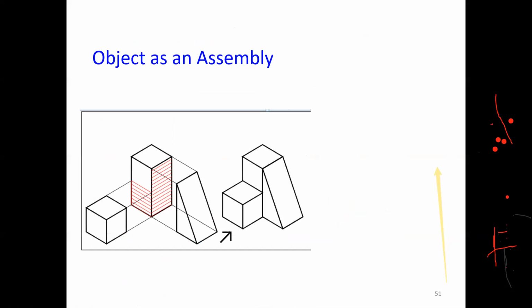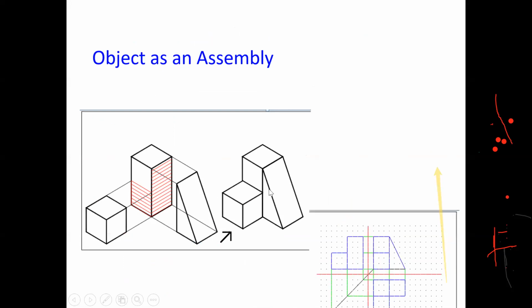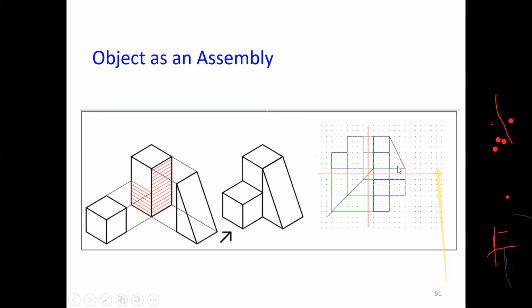Sometimes objects are prepared as an assembly. If you observe here, when you do the assembly, you have to show the views as a complete whole object, not like this. You have to consider this object like this. When you see from the front, you can find this square, this triangle, and this square. So square, square, triangle.